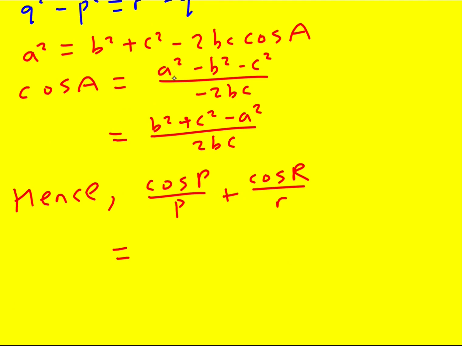And now we can just carefully replace the cos P by its relevant thing. So it's going to be p squared minus q squared minus r squared. Hold on, I'm using the wrong version now, sorry. Okay, I want to use this one. So it's going to be q squared plus r squared minus little p squared all over 2qr, but I'm also dividing by p.